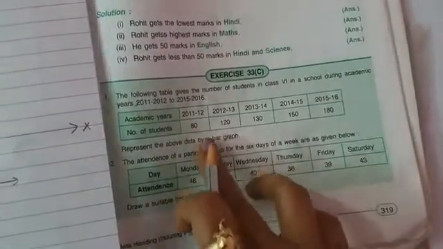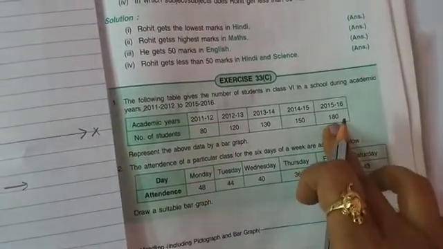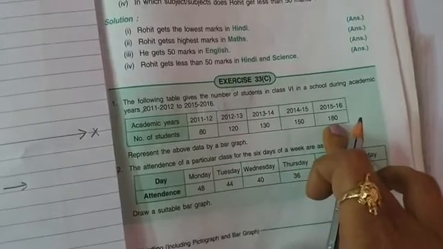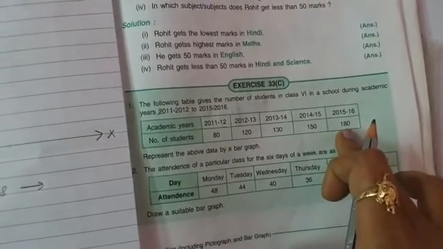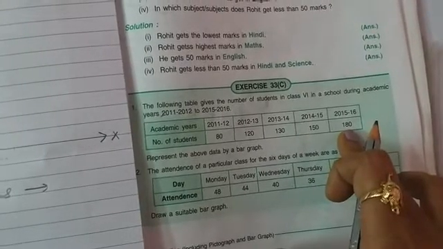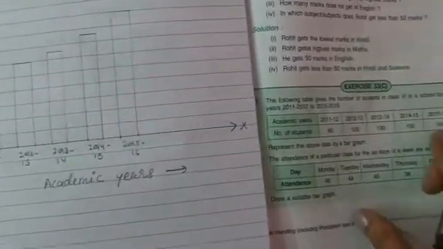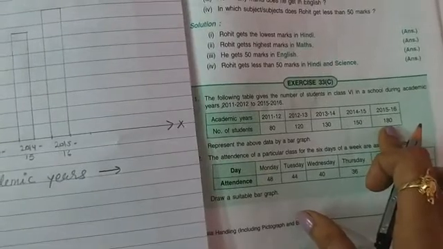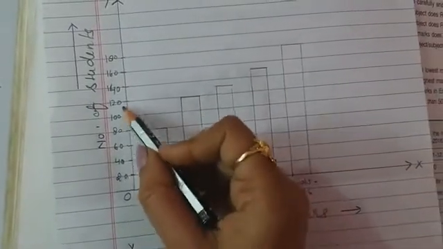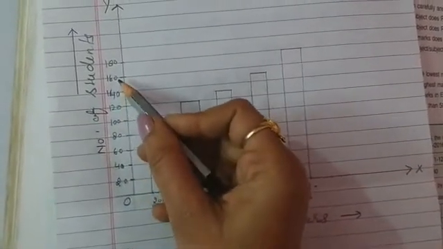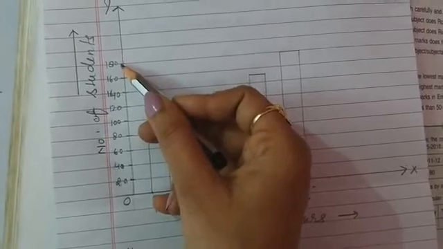Okay. Because in the table, the highest number of students is 118. If we write 10, then it will be too long. So, we will write as 20: 20, 40, 60, 80, 100, 120, 140, 160 and 180.